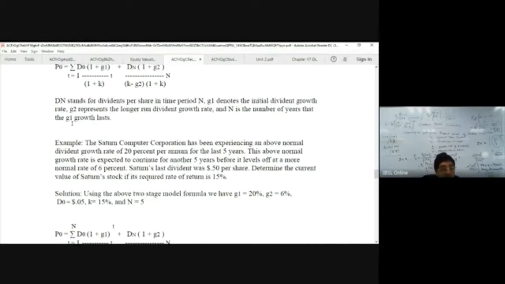This above normal growth rate is expected to continue for another 5 years before it levels off at a more normal 6%. Saturn's last dividend was 50 cents per share. In dollars, it is 0.50 per share. Determine the current value of Saturn stock if its required rate of return is 15%.